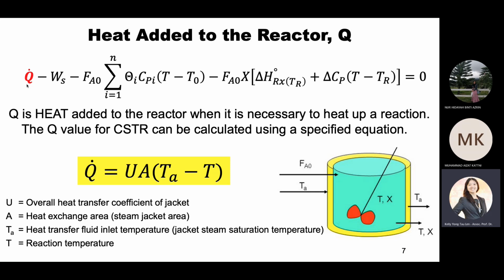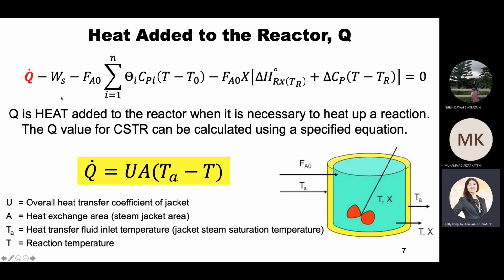So non-adiabatic means there is Q. Okay, heat is supplied to the reactor. We call it non-adiabatic. Okay, nanti kemudian kita akan belajar adiabatik. Apa beza dia? Kalau adiabatik means Q is 0, means tak ada, there's no heat supplied, and also there's no heat transferred from the reactor. Okay, so kalau non-adiabatik kita kira Q. Kalau adiabatik, Q tu kosong.